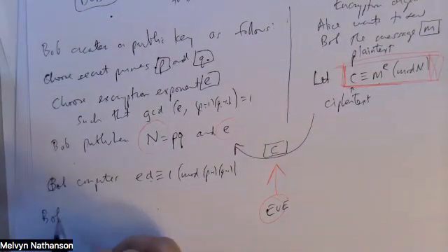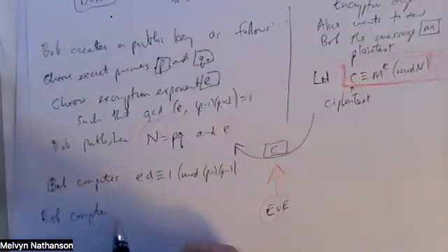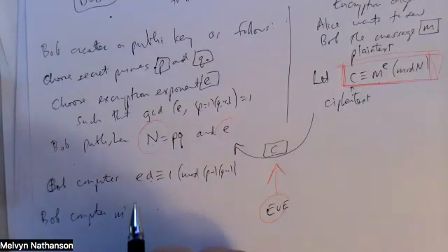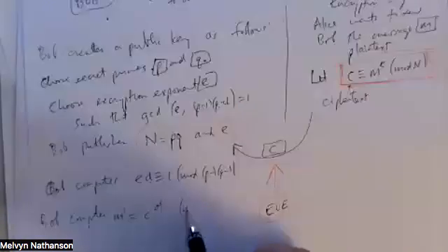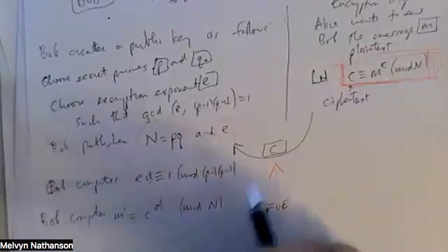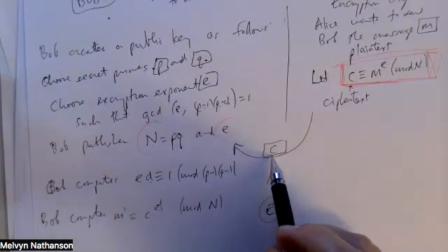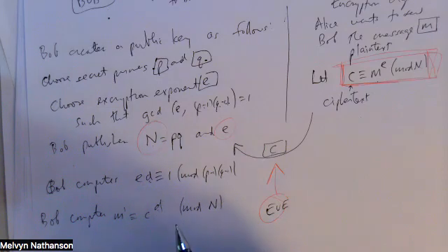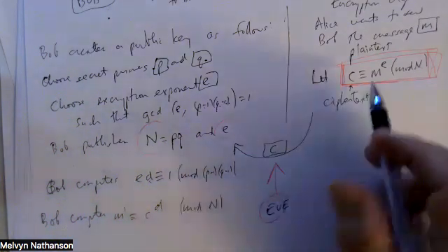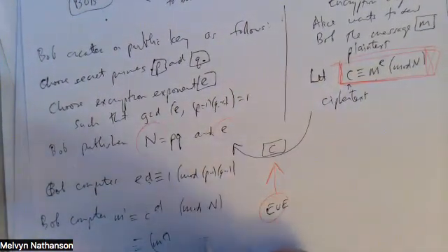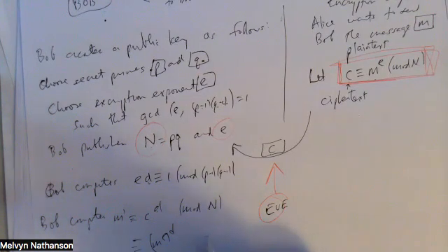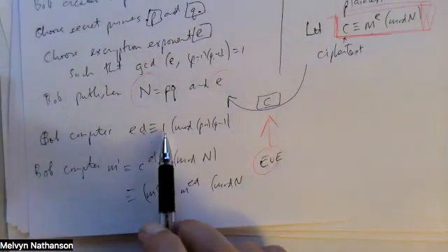And then Bob computes the number, let me call it M prime, which is C to the D mod N. C is the number that Alice sent him. D solves this congruence, right? So what is this? C is M to the E mod N. So this is M to the E to the D, which is M to the ED mod N. And ED is 1 plus a multiple of (P minus 1)(Q minus 1).